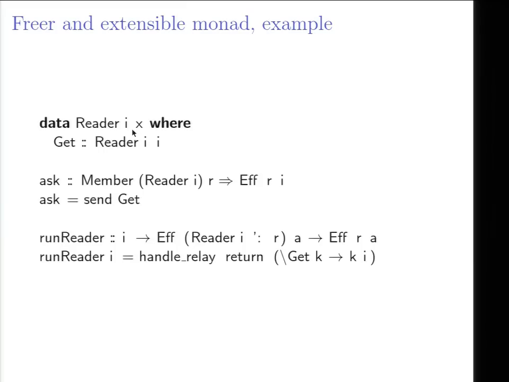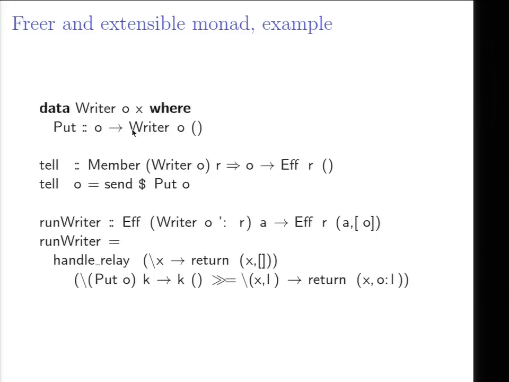And this is an example of how we're going to use it: reader and writer. So we have the reader monad. We define this one effect, get. We have the operation ask, which sends the effect get, and the operation run reader. That's how it implements it. So if you get a k, a get effect, then it just passes this i to this continuation and continues. And if you have a writer effect, then you can write with tell, and you can run writer.